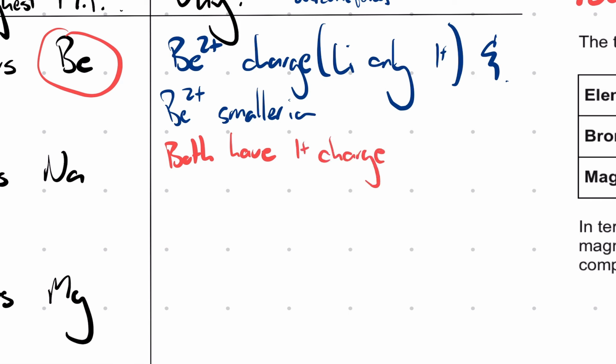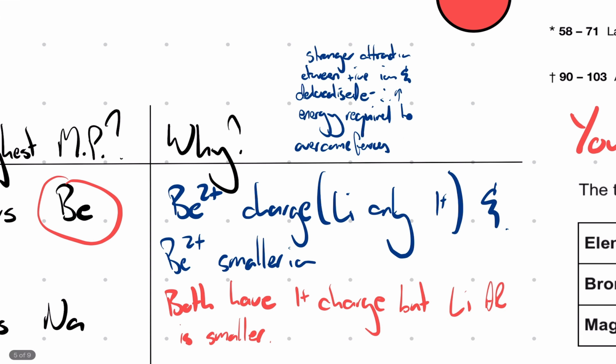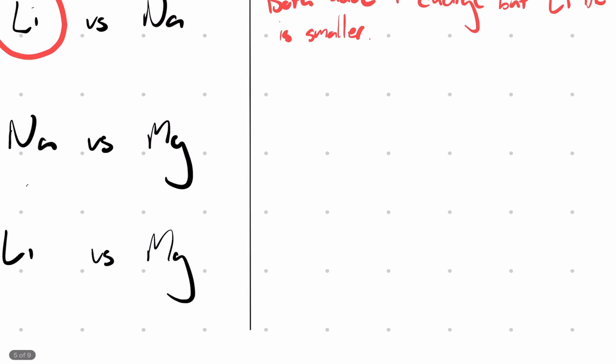But Li atomic radius is smaller. And again, therefore, stronger attraction between positive ion and delocalized electrons, therefore more energy required to overcome the forces.